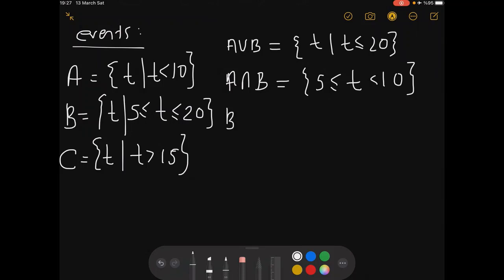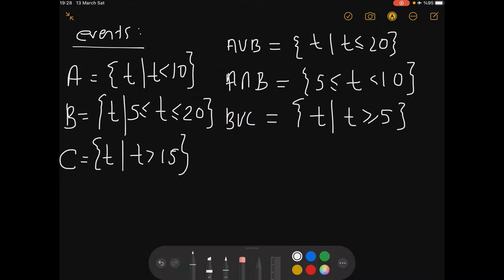And let's talk about B union C, for example. We're talking about now B union C. Okay, as you see, it is obvious that it is larger than or equal to 5, right? It would look like this. T such that, please stick to this terminology.